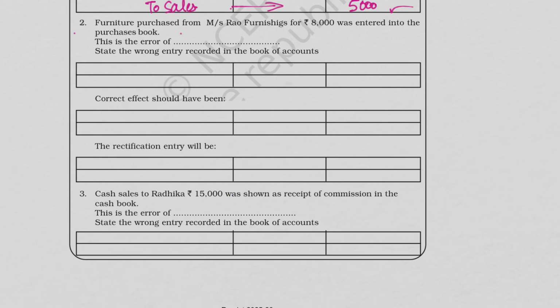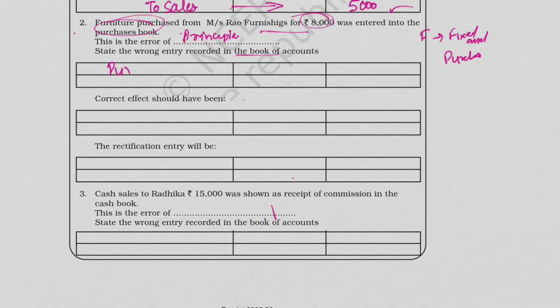Next we have furniture purchased from Messrs. Rao Furnishing for rupees 8,000. It was entered in the purchases book. Okay, so first of all, this is an error of principle. The reason why: furniture, we know, is a fixed asset, but it was treated as a purchase of goods. So state the wrong entry recorded in the books of accounts.